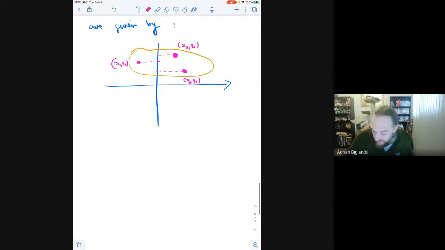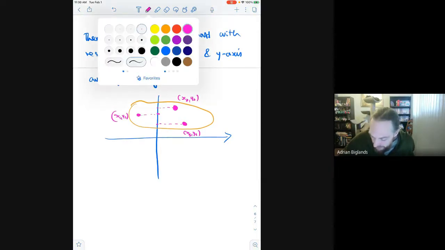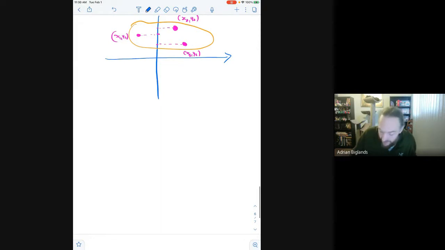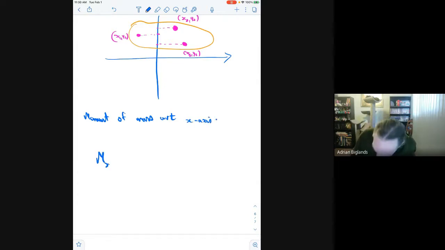So the first one, the moment of mass with respect to the x-axis, is going to be denoted Mx, and unfortunately that's going to have the y in the formula. This will be the double integral over our region D of y times the density at each point dA.